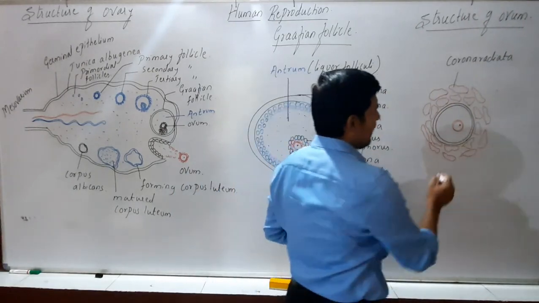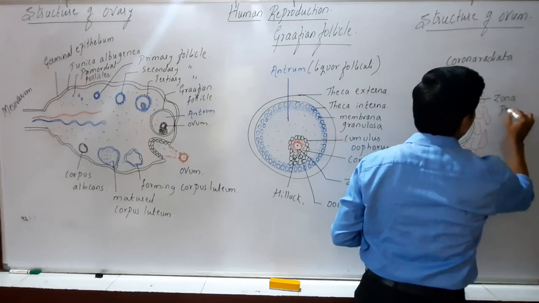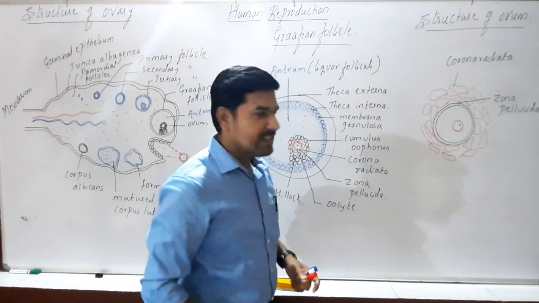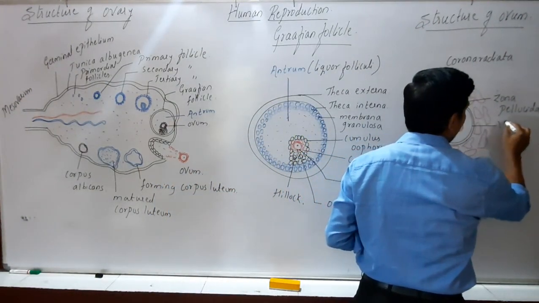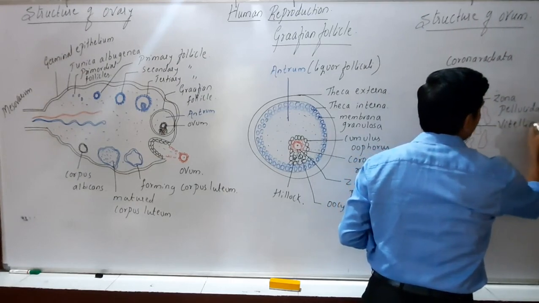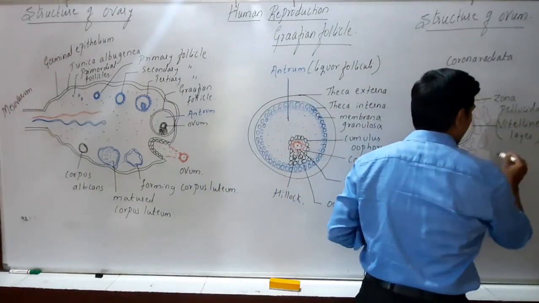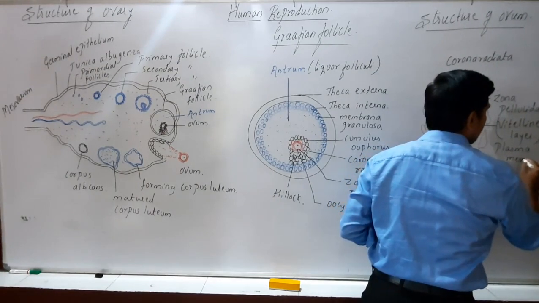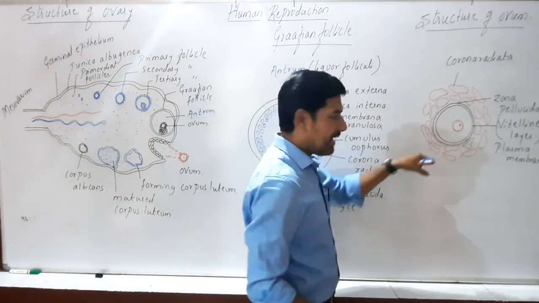Below the corona radiata, we have a layer called zona pellucida. Then below this layer we have the vitelline layer. This vitelline layer is also called a plasma membrane, the inner layer.